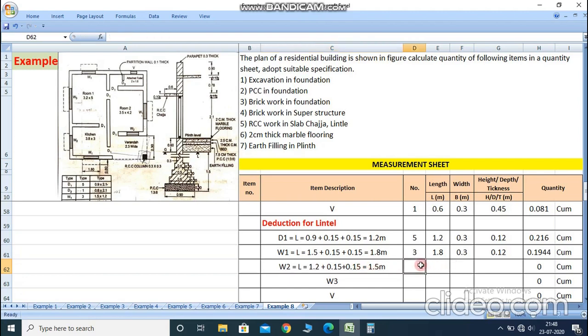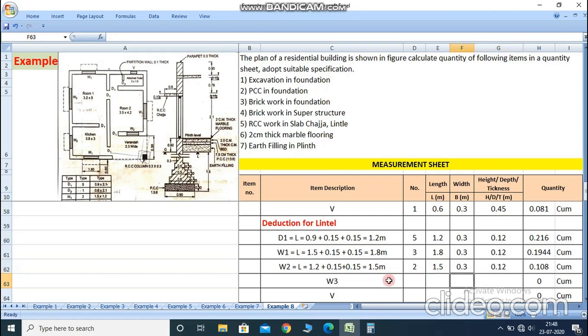Here the total number of window 2 is 2 numbers. So how do we get the answer? The number of W2 windows is 2, so we put 2 here. The length is 1.5 meter, width is 0.3, and thickness is 0.12.